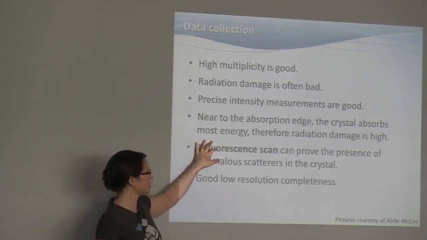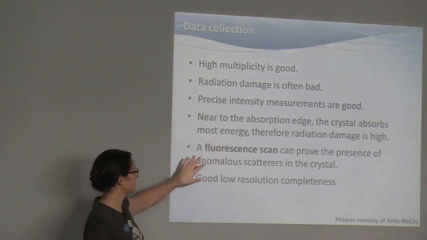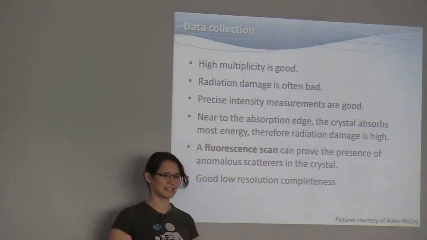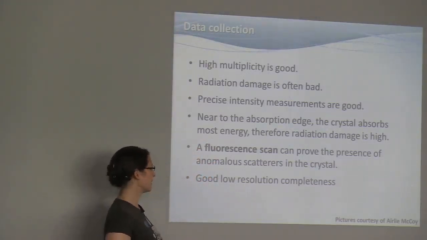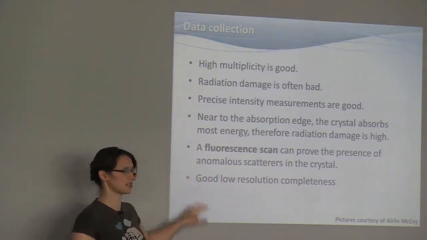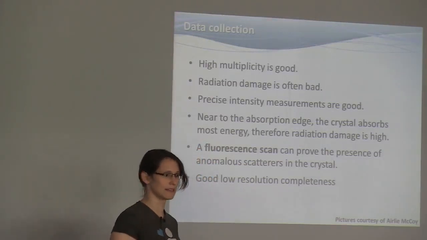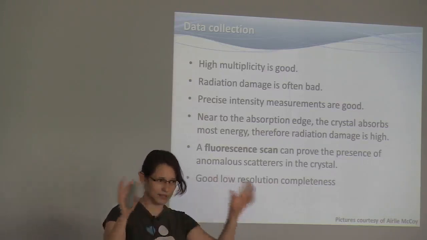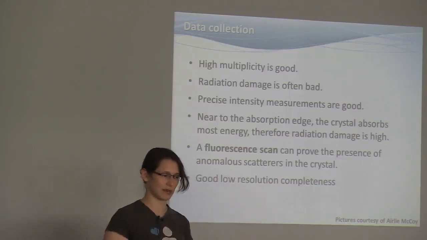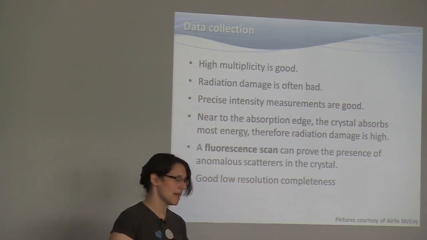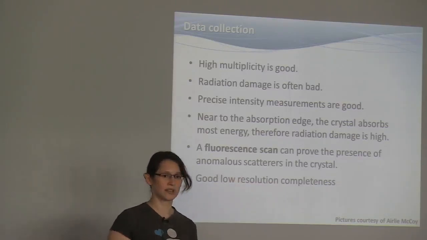Near the absorption edge, a fluorescence scan is a useful thing, and you want one. Good low-resolution completeness is paramount because the direct methods really depend on low-resolution completeness, so your phase extension can work properly, and also the low-resolution reflections are the strongest, giving you the most accurate anomalous differences.